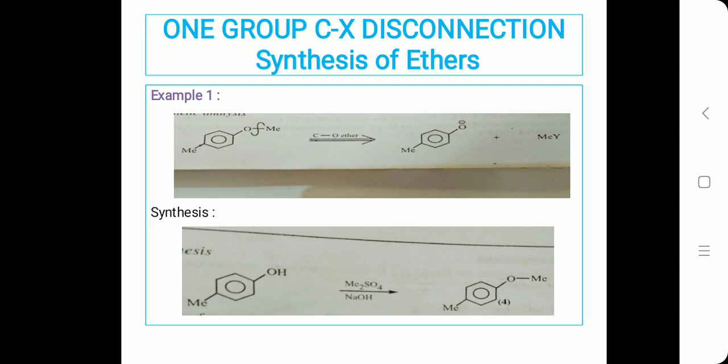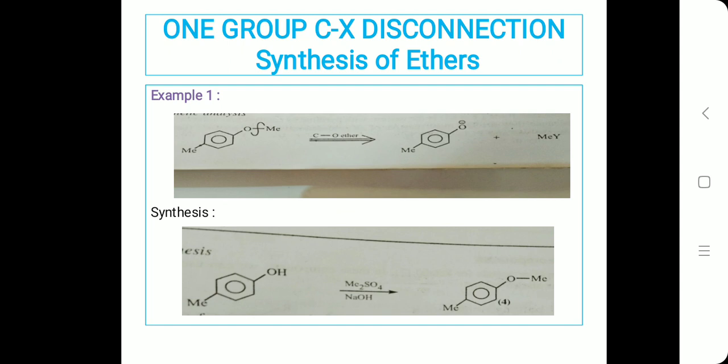So which side disconnection is easy? Definitely the reactive methyl side is going to be more reactive, and hence we are going to disconnect O-Me. That is, we are not going to disconnect O with the aryl group, but we are going to disconnect oxygen with the methyl group. So when we disconnect, we are going to get the two synthons.